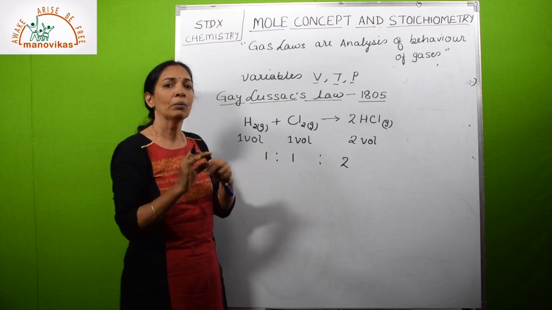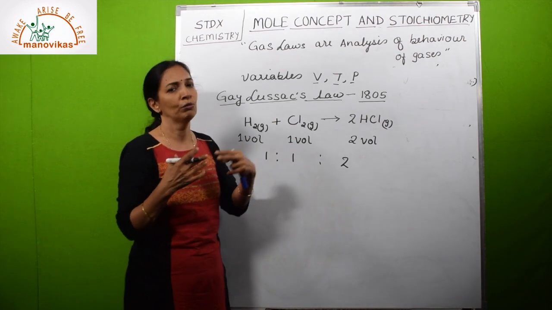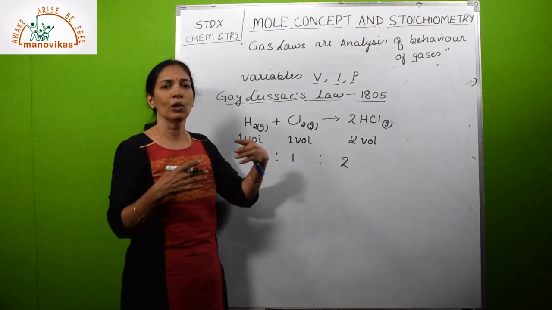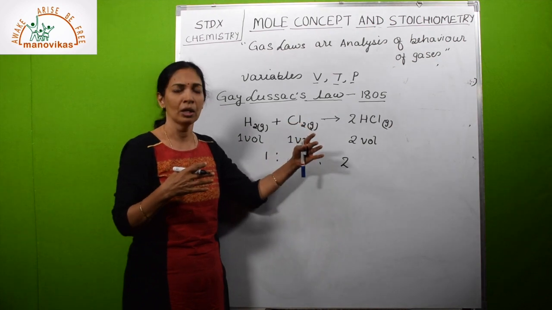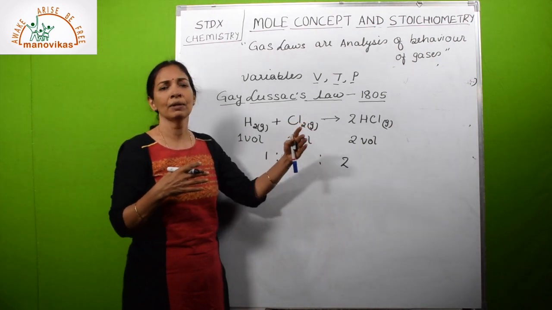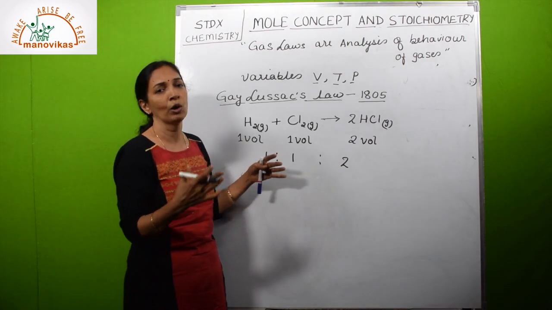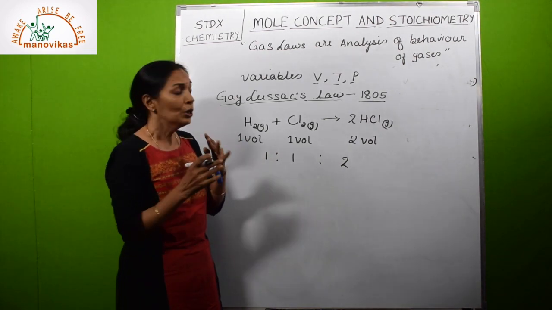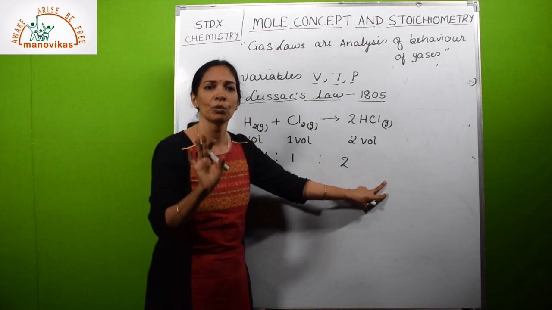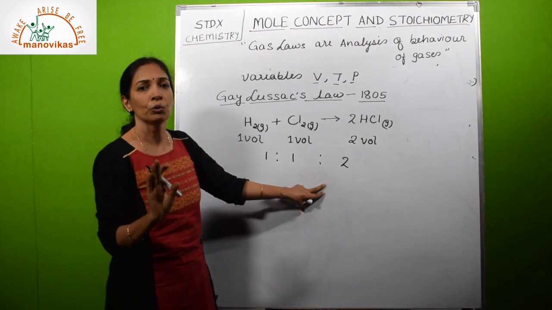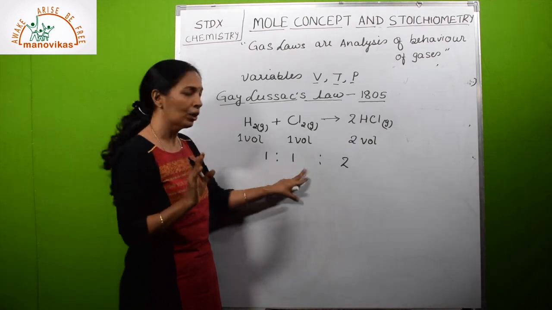That is a condition, because if temperature changes, volume will also change. Volume increases with temperature increase and decreases with decrease in temperature, directly proportional. If pressure changes, volume will also change inversely. So the pressure and temperature should be kept unchanged. So what is Gay-Lussac's law?